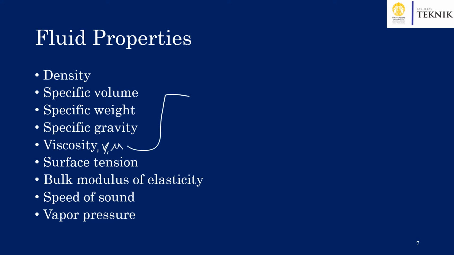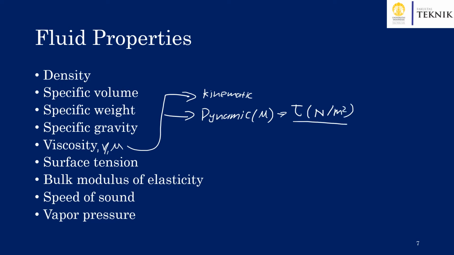The first one is the kinematic viscosity, and the second one is the dynamic viscosity. The dynamic viscosity, or mu, is the ratio between shear stress, or tau, with a unit of Newton per square meter, to the shear rate of the fluid, written as du over dy.